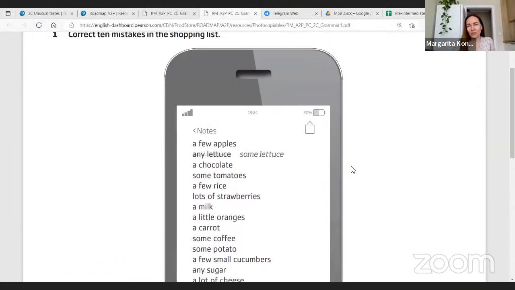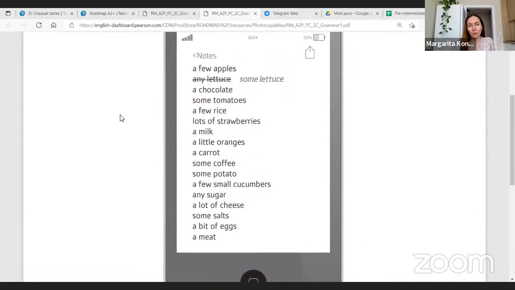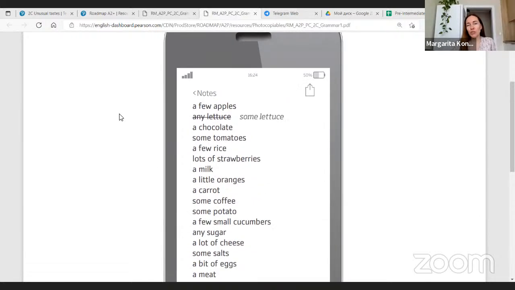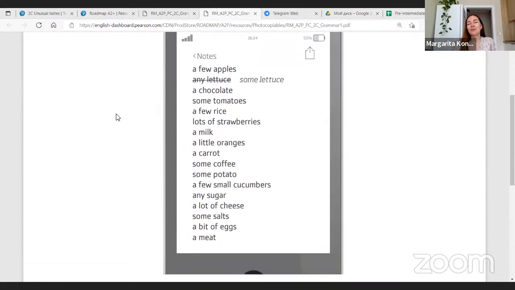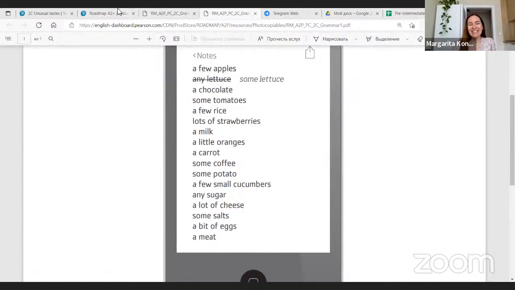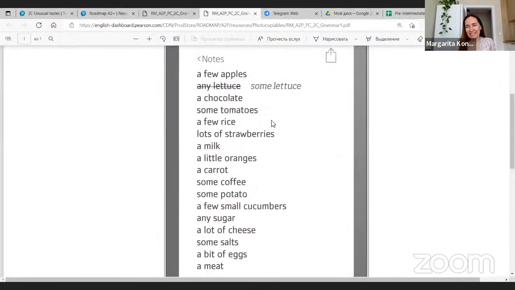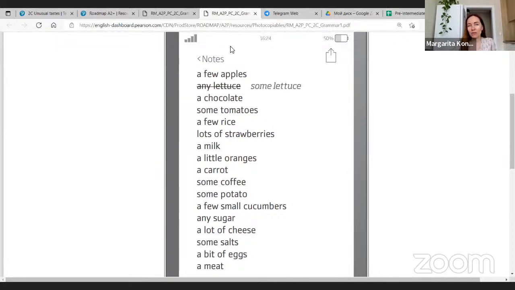Now we will look at the shopping list. Okay, so it's a modern shopping list, a mobile phone. But our student is not a very good student. This student made some mistakes here. What we need is to find what is correct, what is not correct.